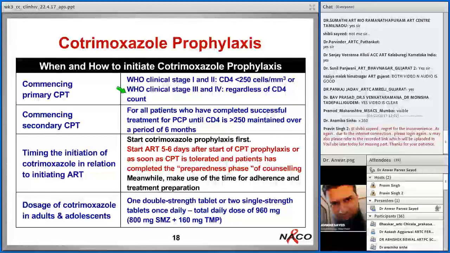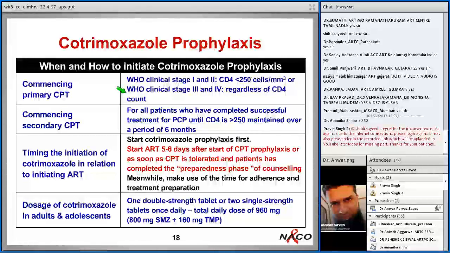But if the viral load is higher, then there will be risk of OI or PCP especially. Continue indefinitely for children and adults in settings where malaria or severe bacterial infections are highly prevalent. For children 5 or older in settings with lower prevalence of malaria and bacterial infection, discontinue if clinically stable or virologically suppressed for more than 6 months with CD4 count more than 350.